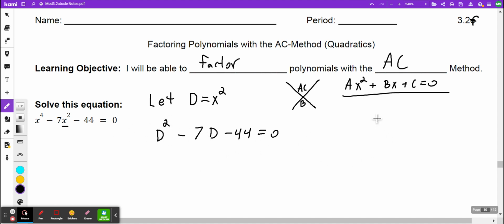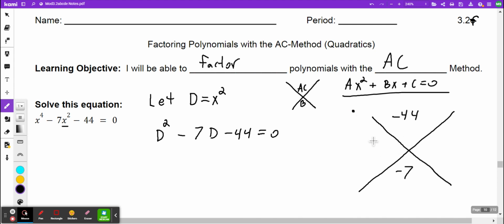So this is still true right here. Now I'm going to take this and understand that 1 times negative 44 is negative 44, and I want negative 7. All right, well, let's do it. How can we figure this out? What times what equals negative 44, and what plus what equals negative 7? Think about it.